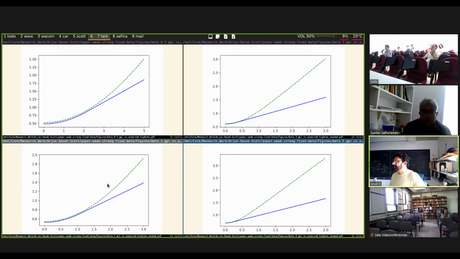Yes, that is very reminiscent of the phase transition in the branching random walk. I don't know how to show it. I'd love to be able to show it. It's a great question.